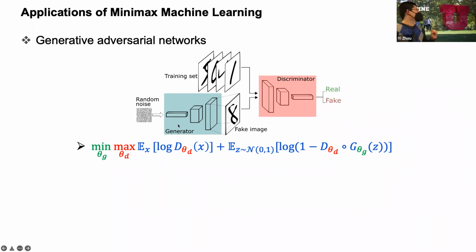On one hand, the generator aims to generate fake images so as to fool this discriminator. On the other hand, the discriminator aims to distinguish between the fake images and real images. So if we can achieve a certain equilibrium, then we expect that the generator in the end can generate these fake images.